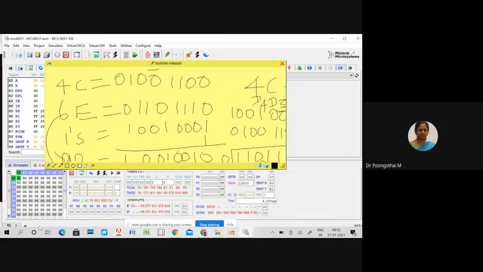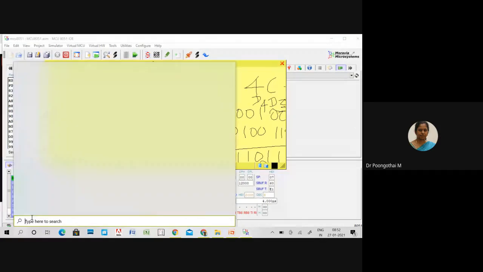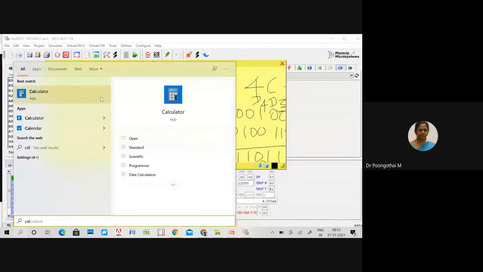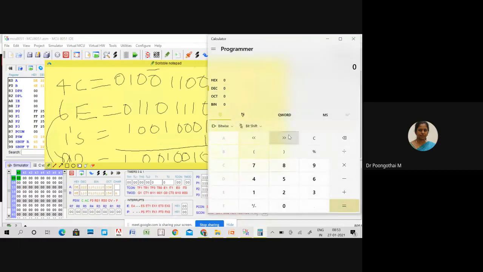Now, if you look at the calculator, one second. So what is the input? Your input is 6E. Actually, I am subtracting the smaller number from the larger. 6E minus 4C.